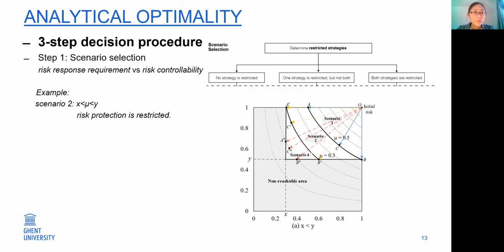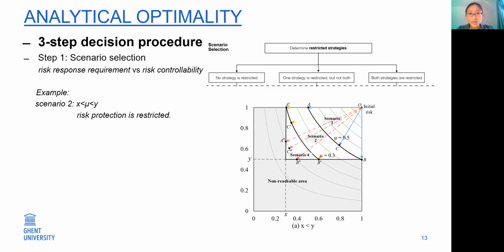In this step, we will determine the scenarios. As you can see in this figure, for scenario 1, the mu means risk response requirement. If the risk response requirement is higher than the minimal risk probability and also higher than the minimal risk loss, we can see that only risk prevention or only risk protection can satisfy the risk response requirement.